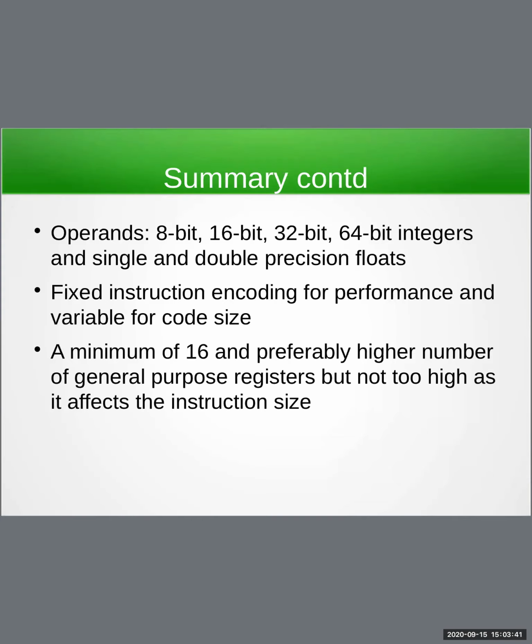So, it's a trade-off, and that trade-off is done to ensure that you have a good number of registers, but not too many. Okay. So that sort of covers most of the principles behind instruction set principles.